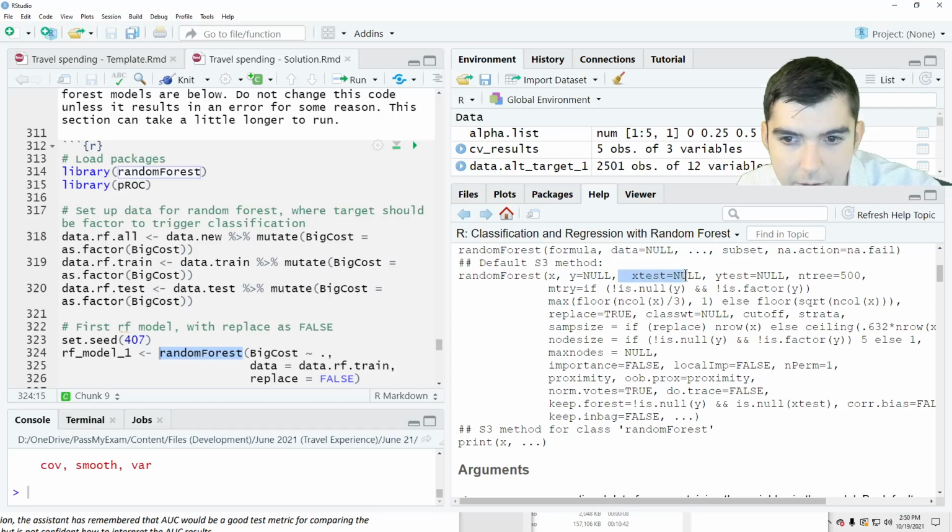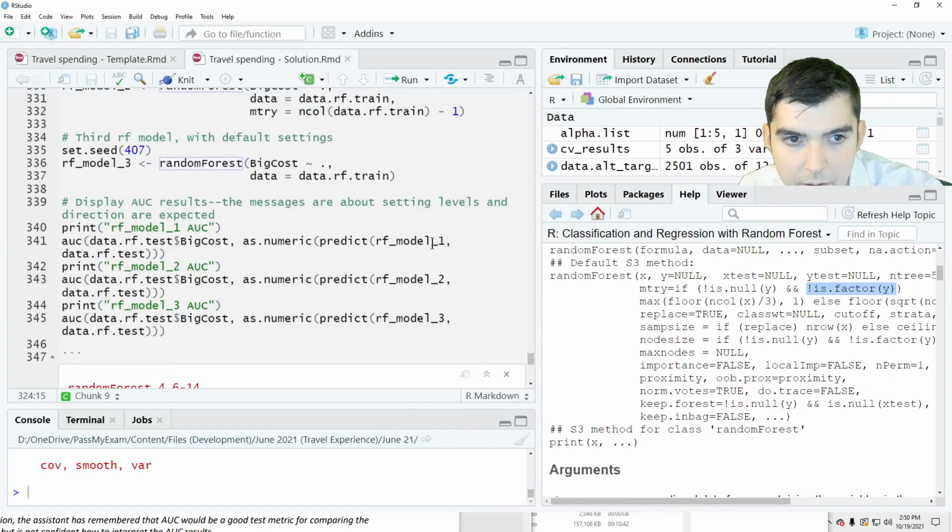There's y, there's x test, there's mtry right there, and it's saying it's equal to, if y is not null, that's not true.